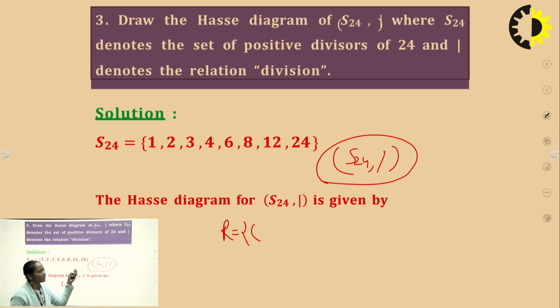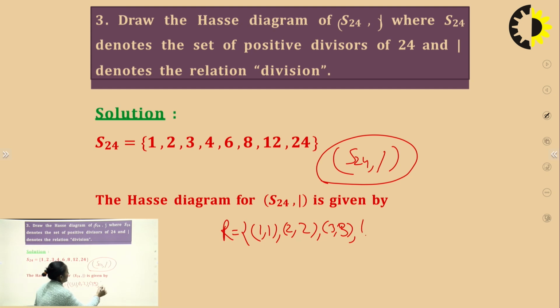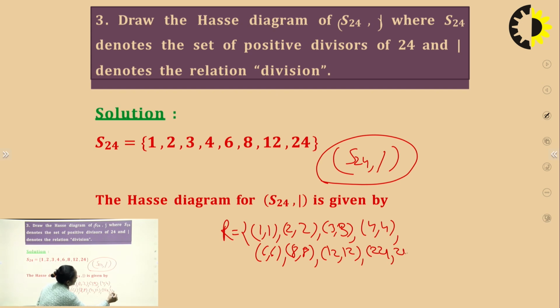The relationship is divisibility. Then again 1, 1; 2, 2; 3, 3; 4, 4; 6, 6; 8, 8; 12, 12; 24, 24.